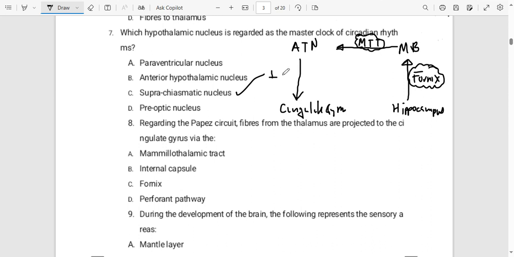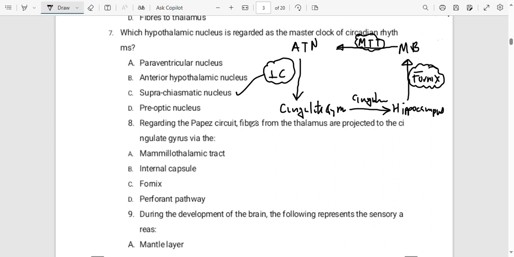Yes, the internal capsule. And then from the cingulate gyrus, we are going back to the hippocampus. What are we using? The name is similar to cingulate. Cingulum, yes. So this is the Papez circuit.